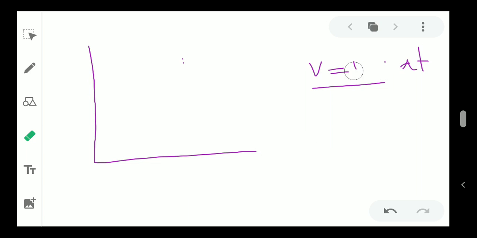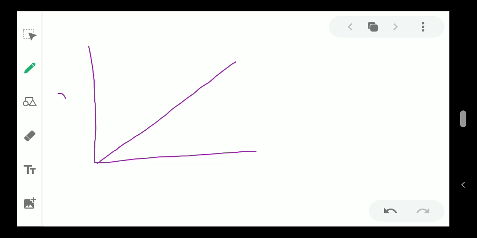Now let's say you have a scenario where your velocity is changing like this. So this is my v and this is my t, and you can see clearly that velocity is increasing. That means there is acceleration, right?